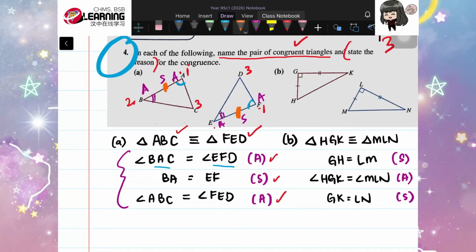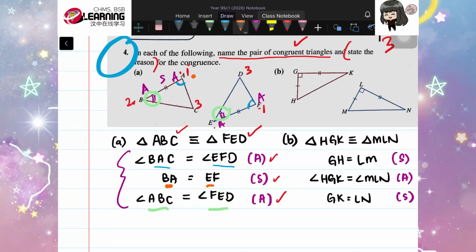So BA equals 2 1, right? So this one must be 2 1 also, EF. And the third one, angle, the third angle, this one. Angle here is the same with this angle, so angle ABC equals angle FED.